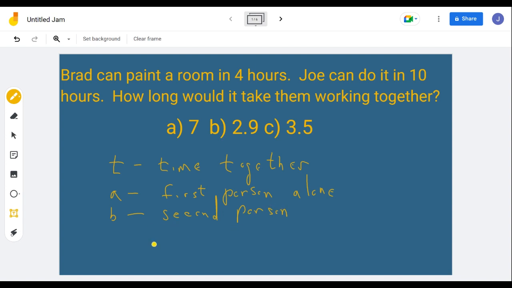The formula is 1 over T is equal to 1 over A plus 1 over B.